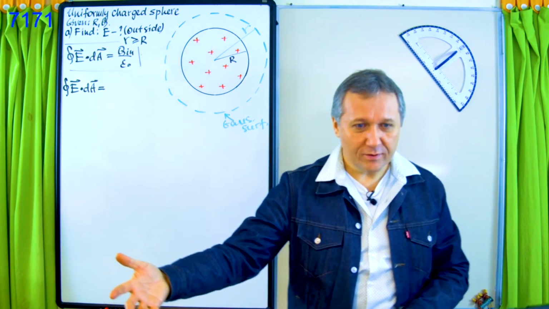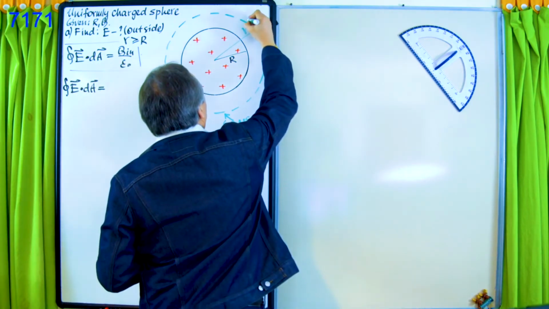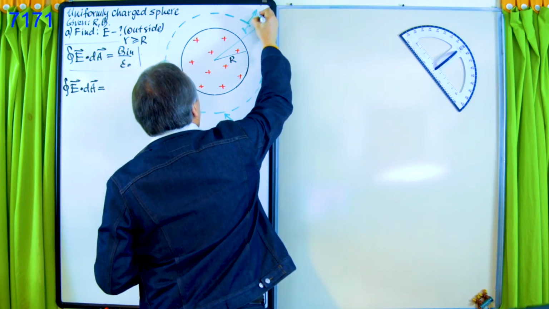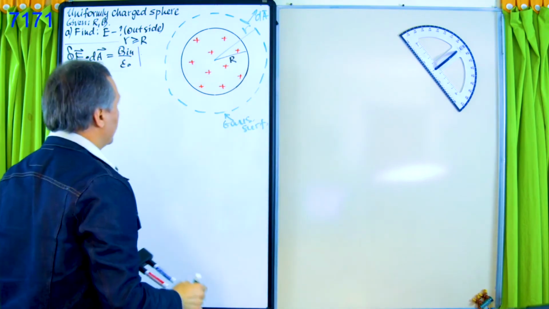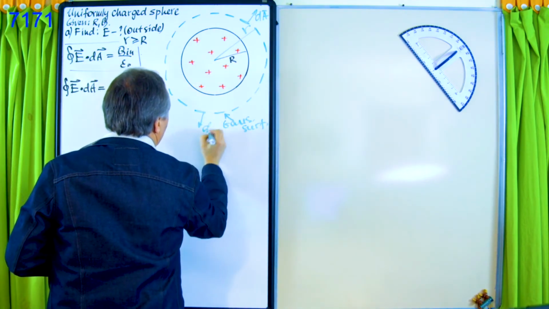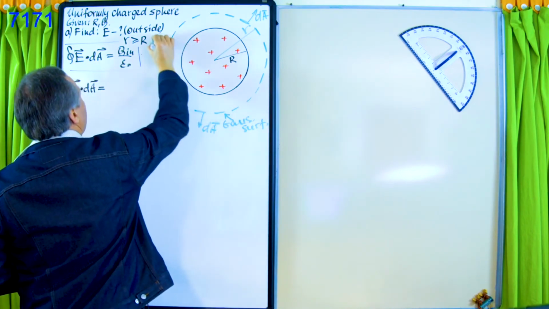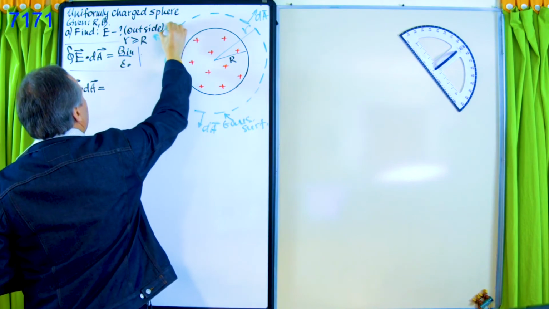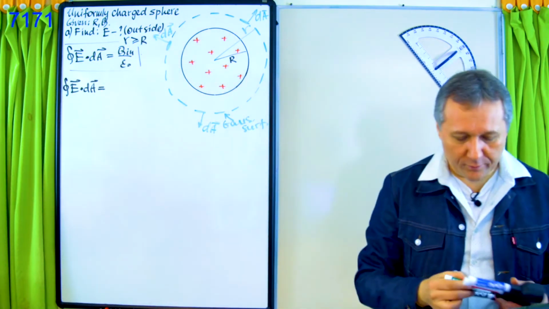That's a convention, so I remove that freedom from you. So dA will be this. If I take this small patch, dA points that way, or if I take this small patch, this will be my dA, or this small patch, it will be dA.